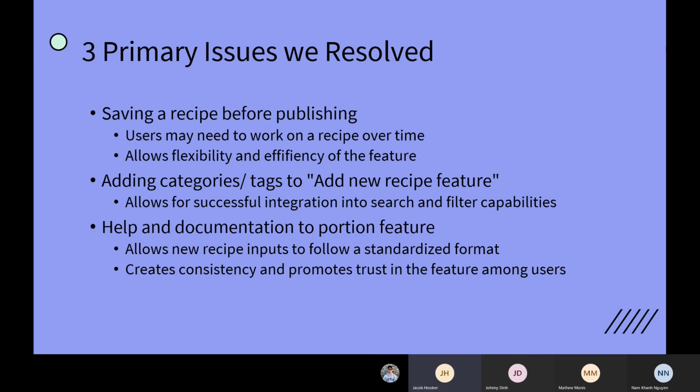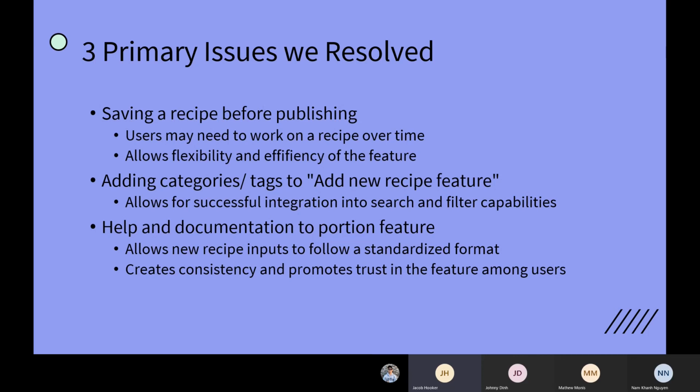These 3 issues were saving a recipe before publishing. We found that users may need to work on a recipe over a course of time, and we wanted to allow the flexibility and efficiency of the publish feature for a user to be able to save the recipe before publishing it.